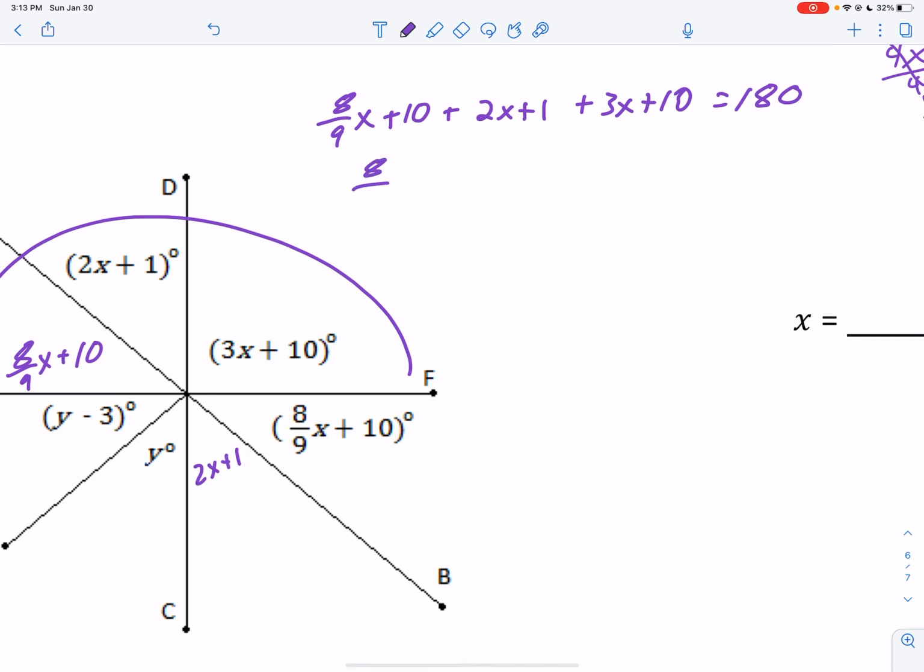Let's leave this as 8 over 9x. Plus 5x. I want to simplify it as much as possible. That's me combining those. Plus 10 plus 1 is 11, plus 10 is 21.